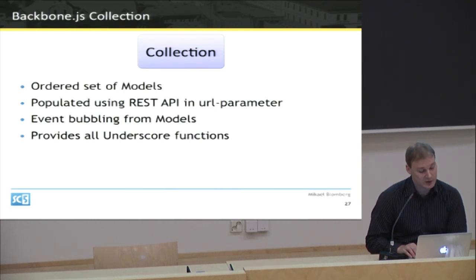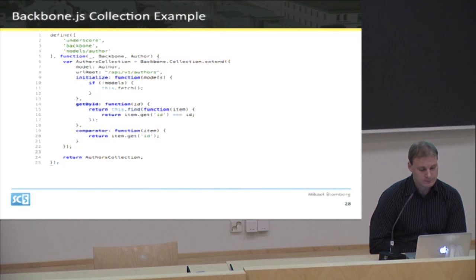And then a nice feature of the framework is that if a model in a collection changes, then the collection also gets the event. And then a collection provides all underscore functions. Underscore is another JavaScript library. Its main feature is to efficiently manipulate arrays and objects. And that's what you usually do in collections, so it's a nice fit.